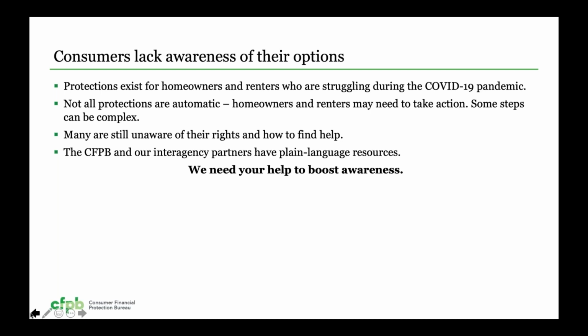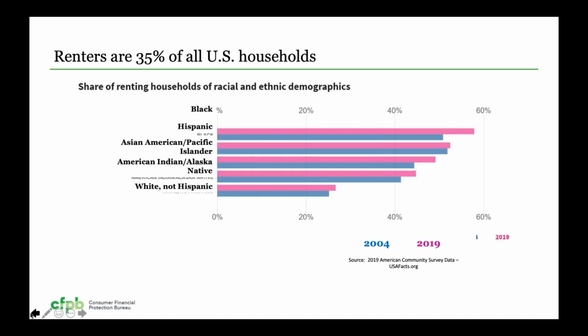They might need to work with other parties where they can't do it on their own. We want to provide these resources so people understand what to do, where to go, and how to get help, so that they can either stay in their homes or move into a nice, secure next step. So we need your help to boost awareness of this, which is part of why we're here today to talk to you.